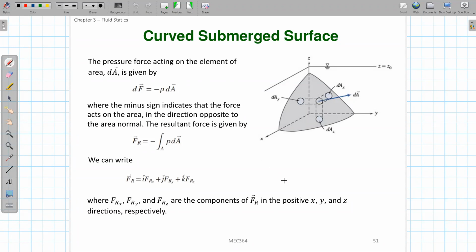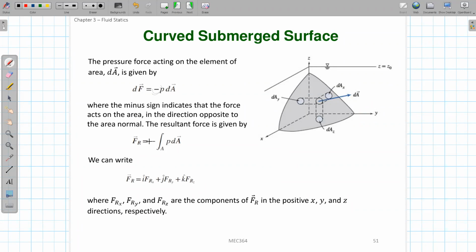Because pressure force is always going inside. Pressure force always tries to squeeze your fluid, and squeeze the atoms submerged in the fluid. And that's why we have this minus sign here.